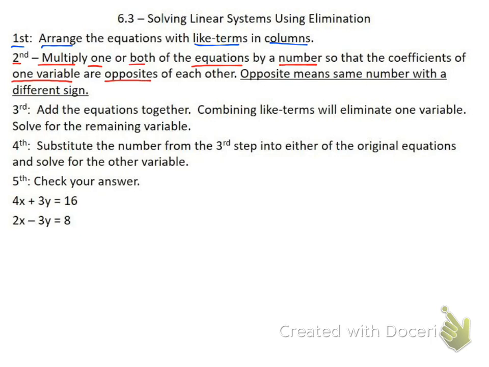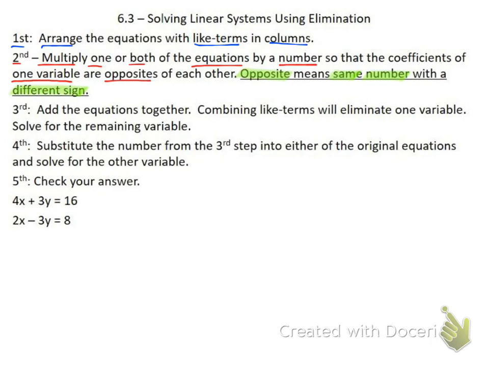So I'm trying to get my x's to be opposites of each other or my y's to be opposites of each other. Here's a little reminder, because we always screw it up: opposite means same number and different sign. So when I'm looking for opposites, I'm looking for the same number with a different sign.